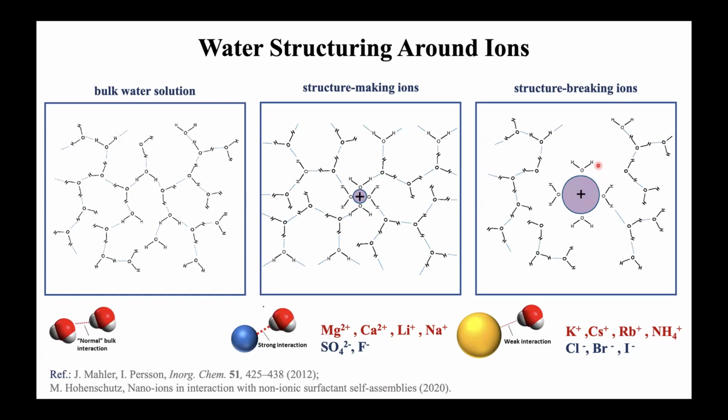In contrast, the structure-breaking ions have more loosely organized hydration shells than even the bulk water, so they can easily get rid of the water molecules and squeeze into the inner region of the double helix.